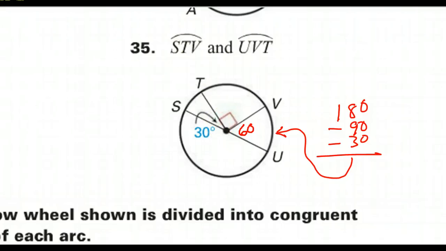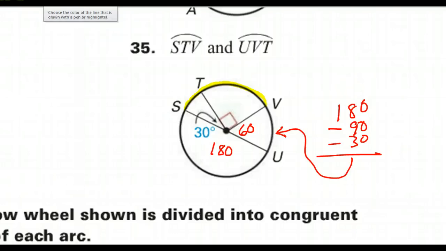I need to pay special attention to what these two angles actually are. So that is 60 degrees, which is good to know. Of course, this whole big thing down here is 180. The two arcs we're being asked about are arc STV, and we're being asked, is that the same as arc UVT?